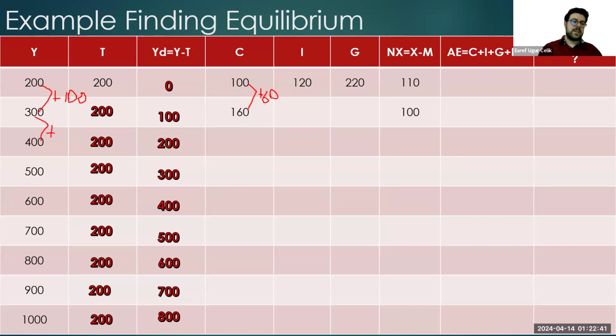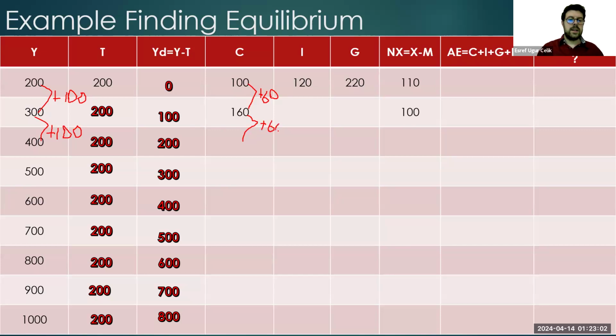When income changes by 100, the total consumption increases by 60. If I had my mouse it would be really easy for me, but I forgot to take it.